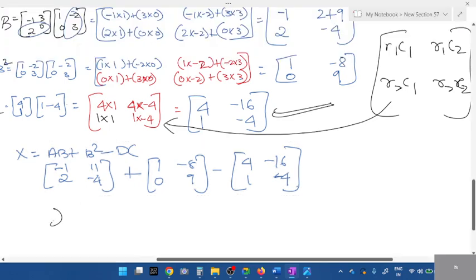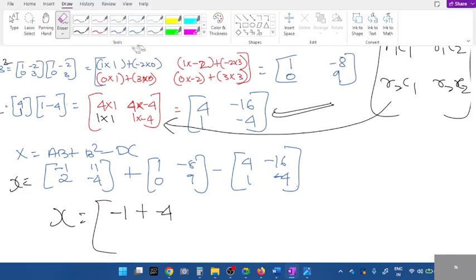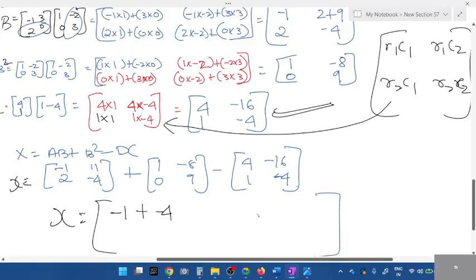So you can do this in one single calculation. Open a bracket. -1 plus is given -4. Then we have 11, plus into minus is -8, minus into minus is +16.